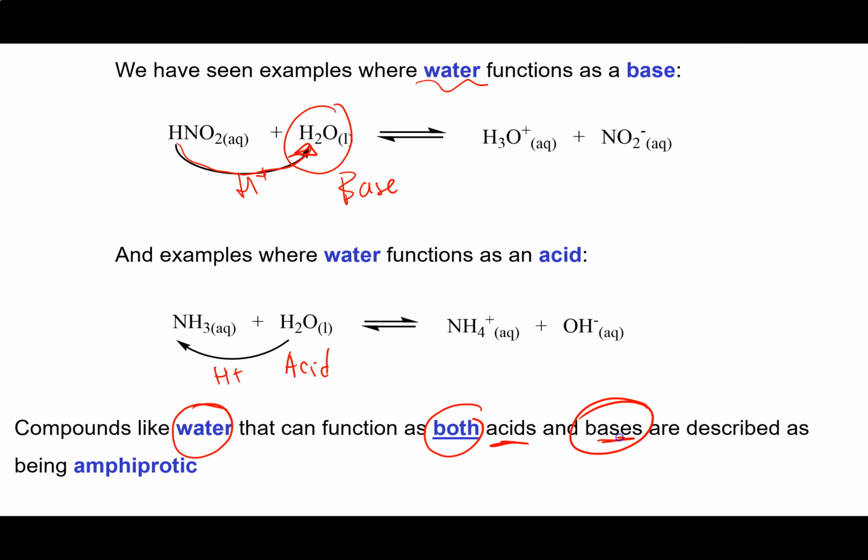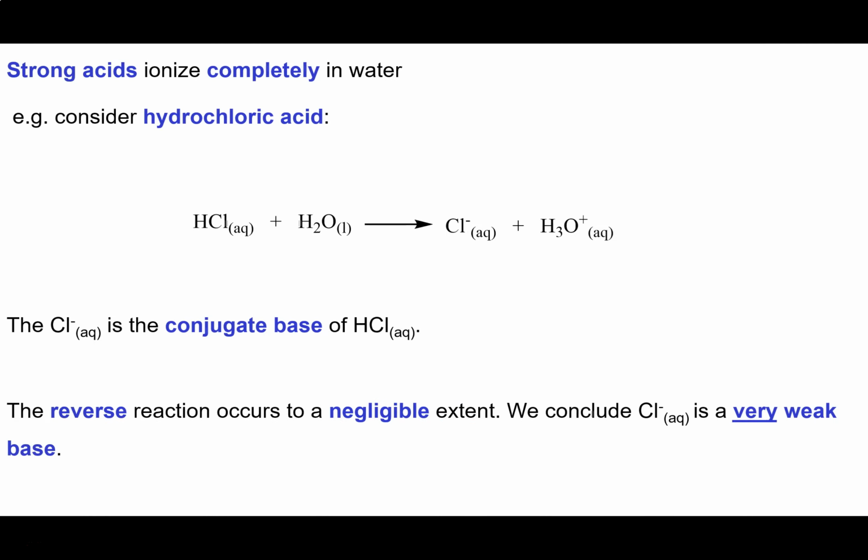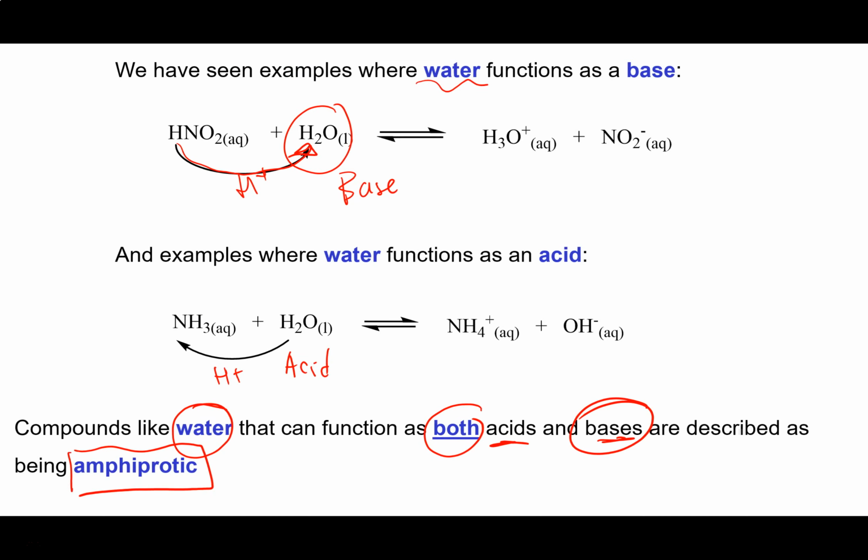So things that can do both, that function as an acid or base depending on what they're combined with, are described as being amphiprotic. So, yeah, that's kind of an interesting concept. That's one thing that we need to recognize, is that under some circumstances a substance might be an acid, under others it might be a base.